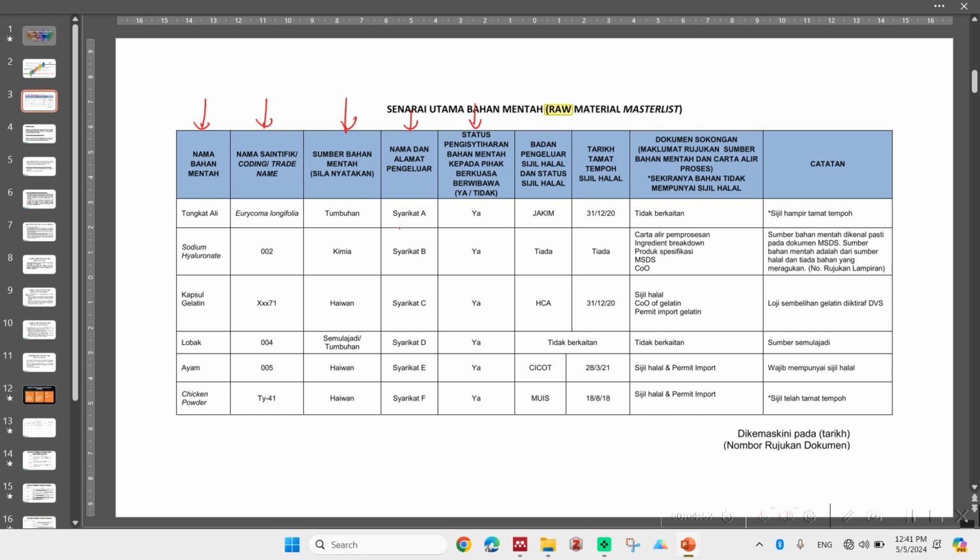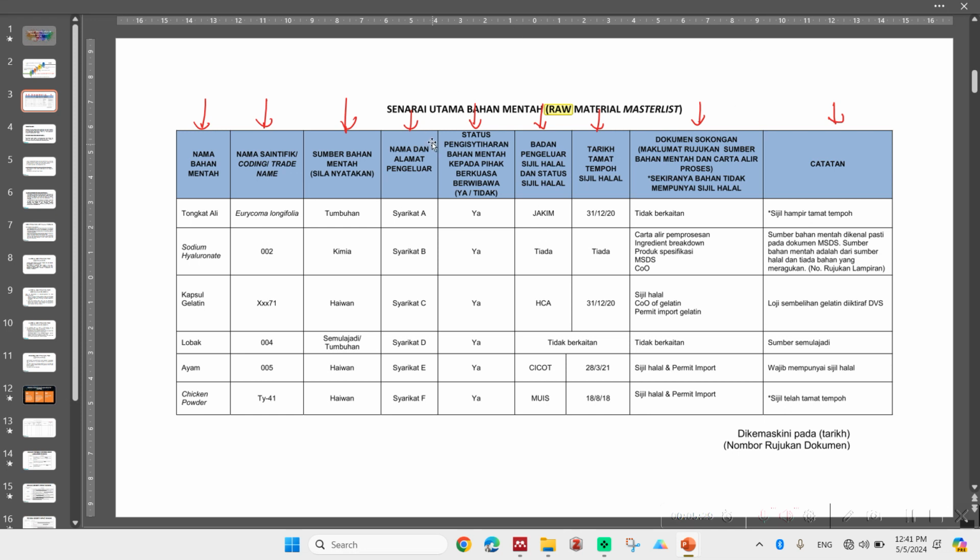If they have a halal certificate, who is the issuer, which country or certification body issued it. And then you have the expiry date for the halal certificate. There is also a column for the supporting document. And last but not least is the reference, or additional information related to the ingredient.